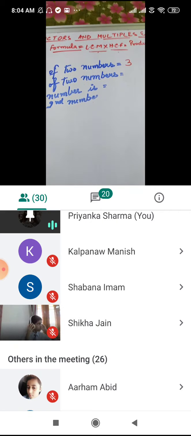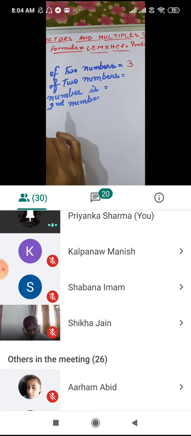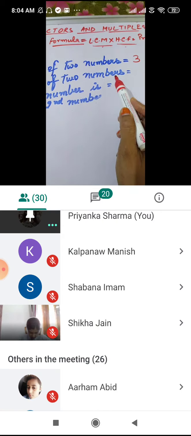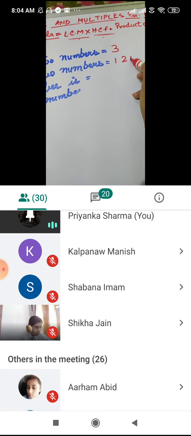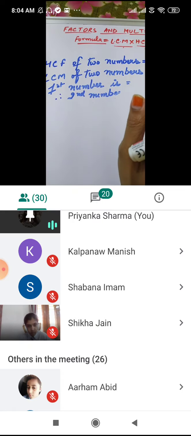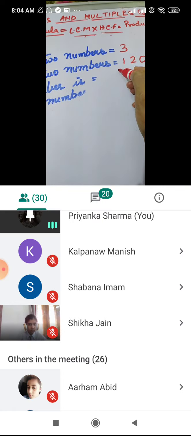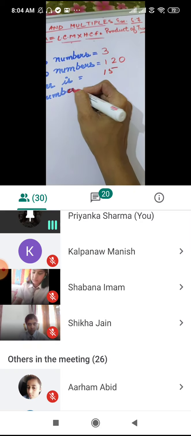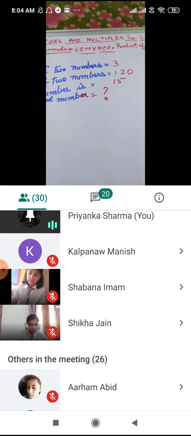Then what is the other information given to us? LCM of two numbers is equal to 120. Then the first number is also given. The first number is equal to 15. And we have to find the second number. So question mark.